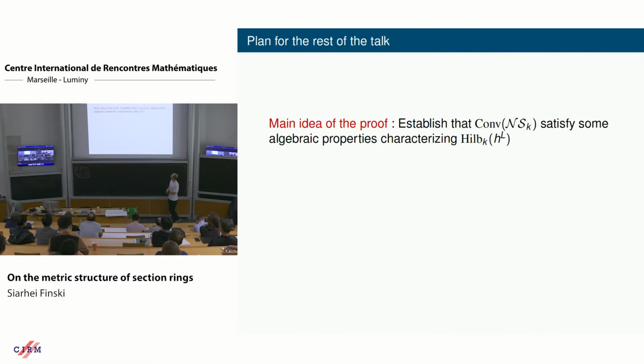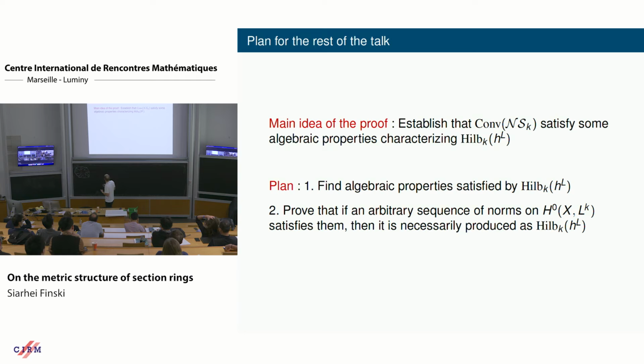The main idea of the proof of this statement is to show that this sequence of convex hulls of Narasimhan-Simha pseudonorms satisfy certain algebraic conditions. So we will be working on the right-hand side of this diagram that I have talked about. And we will show that those algebraic conditions actually characterize the Hilb norms.